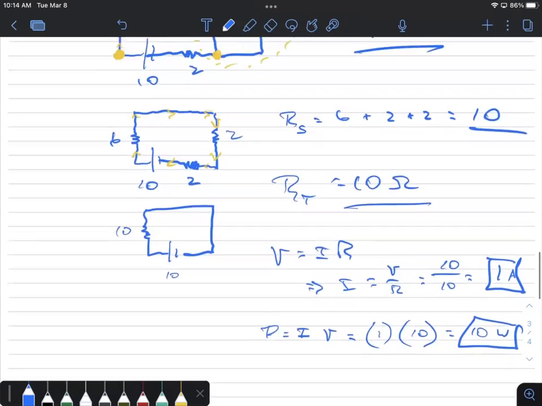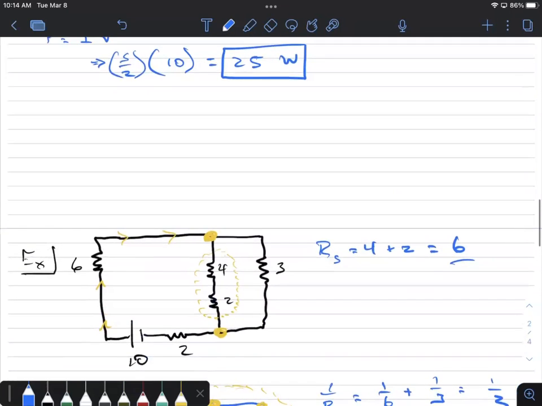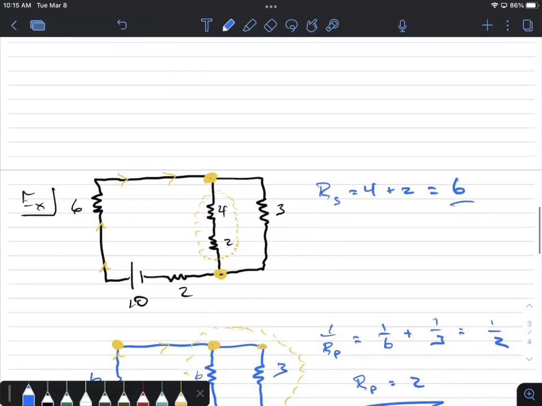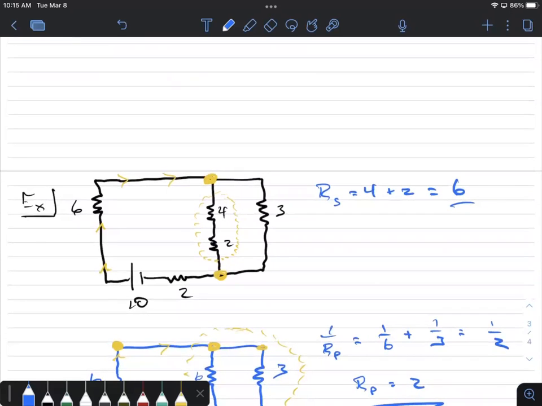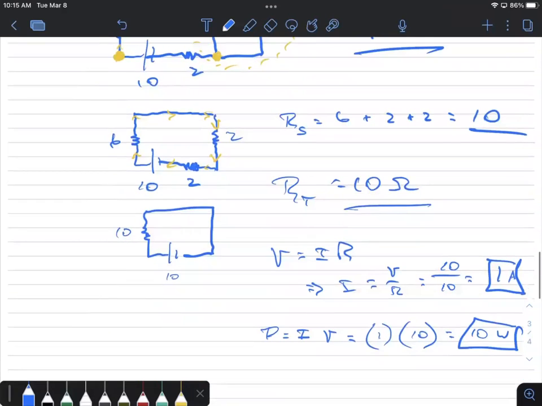And now we've done it. We've taken the complicated circuit with 5 resistors in it, with some combination of series and parallel all over the place. And I say, given this circuit, what's the current that would flow? Well, I little by little combine resistors together when I see if they're series or parallel, until at the end of the day, I'm left with a circuit that only has 1 resistor in it.